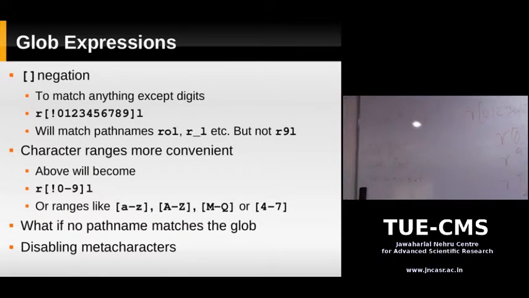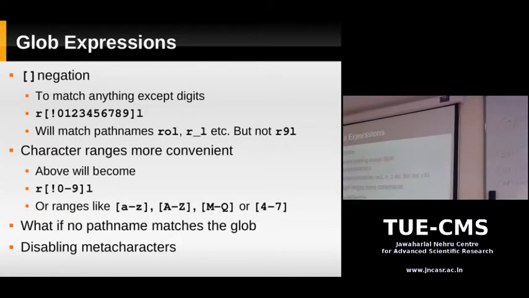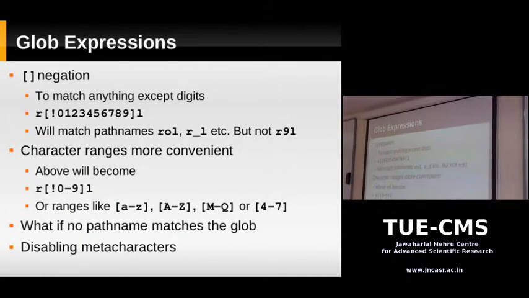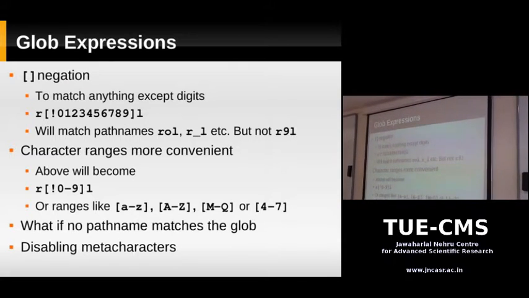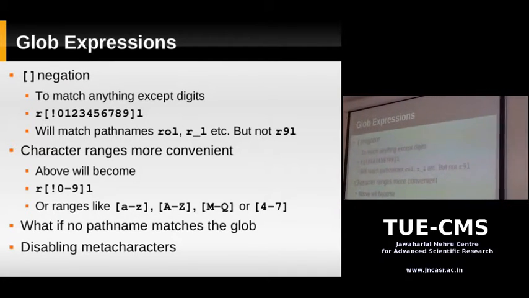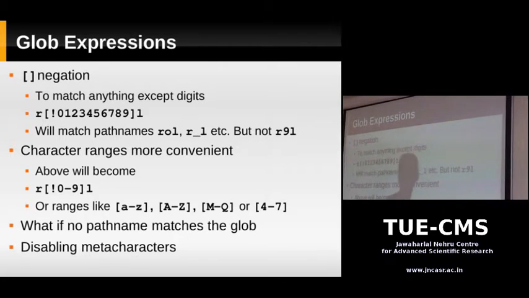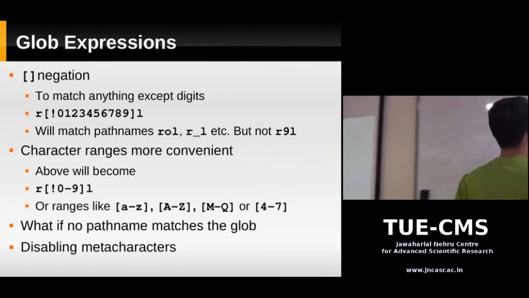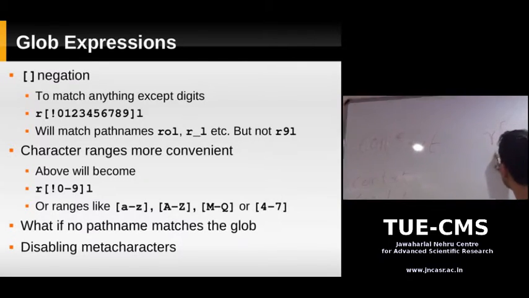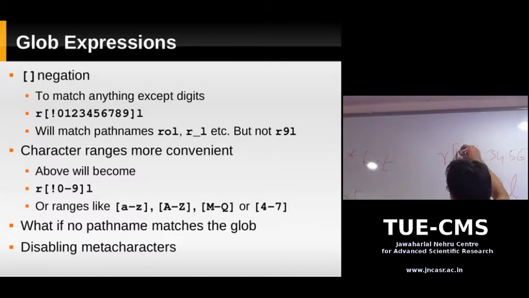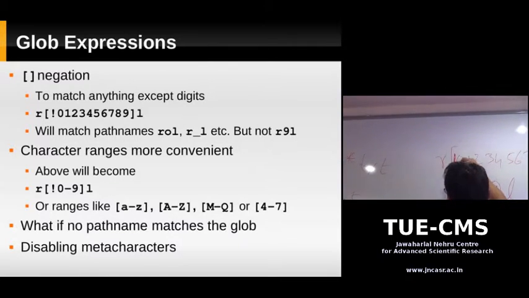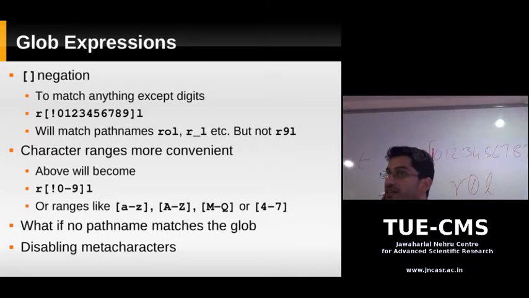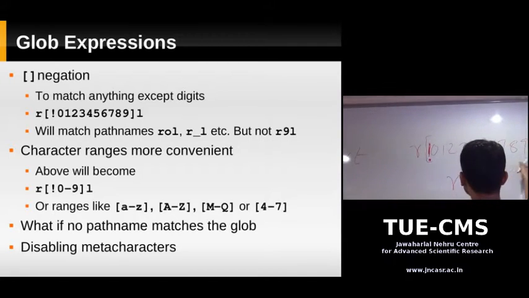Now suppose you want to negate this match. Suppose you want to match everything except digits, anything except digits. What you would do is negate this. In order to negate it, the first character after the bracket should be an exclamation point. If you put an exclamation point there, it means that whatever is in this set is negated.